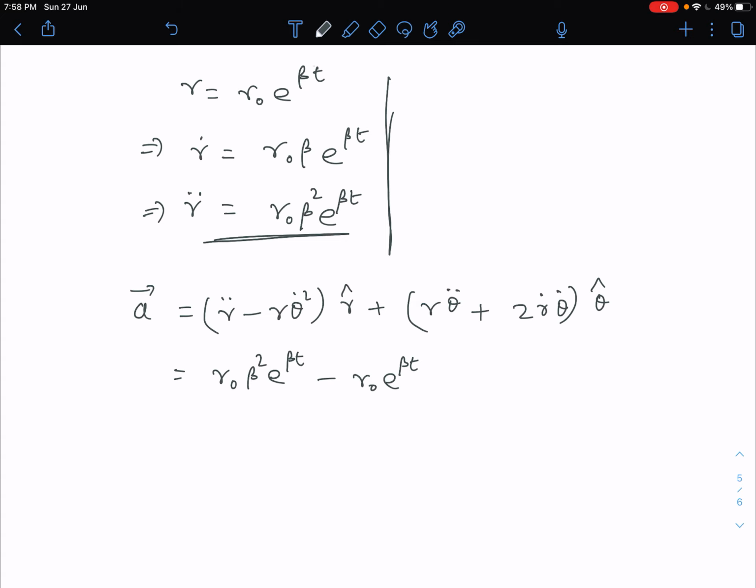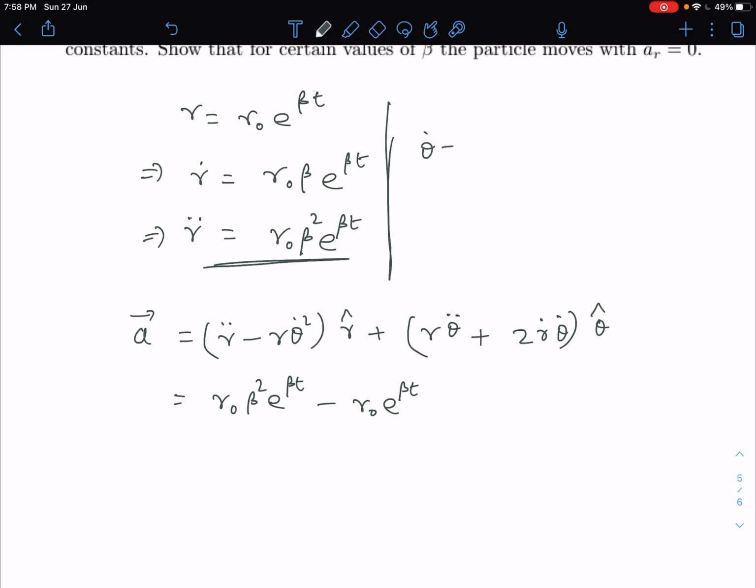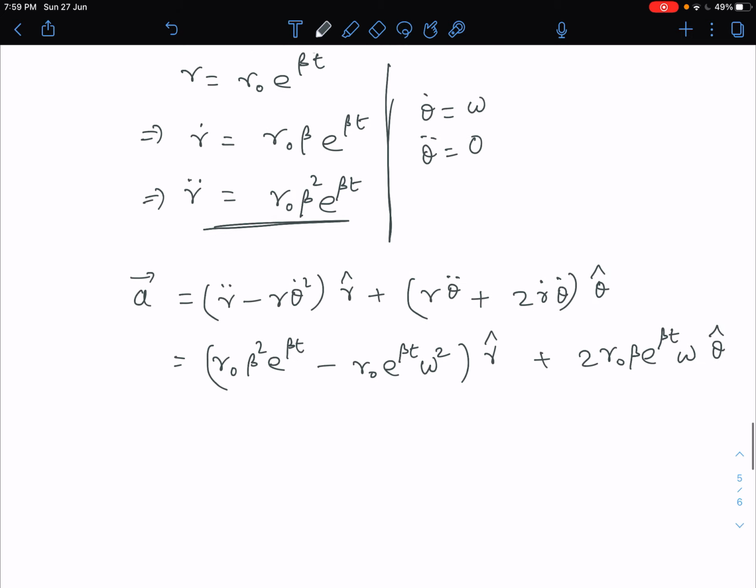What is theta dot? Again as in our earlier case, theta dot is constant, so theta dot square is just omega square, and that is in the r cap direction. Theta double dot is 0 anyway since omega is constant, plus 2 r dot, which is 2 r naught beta e to the power beta t, and theta dot is omega, in the theta cap direction.